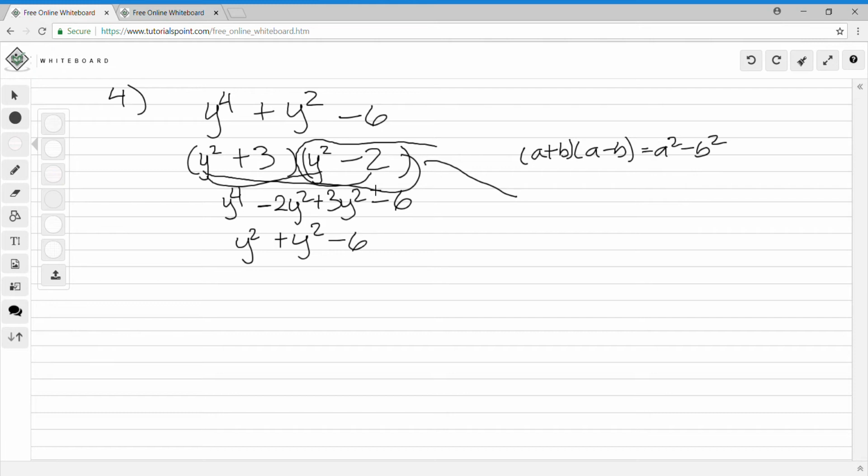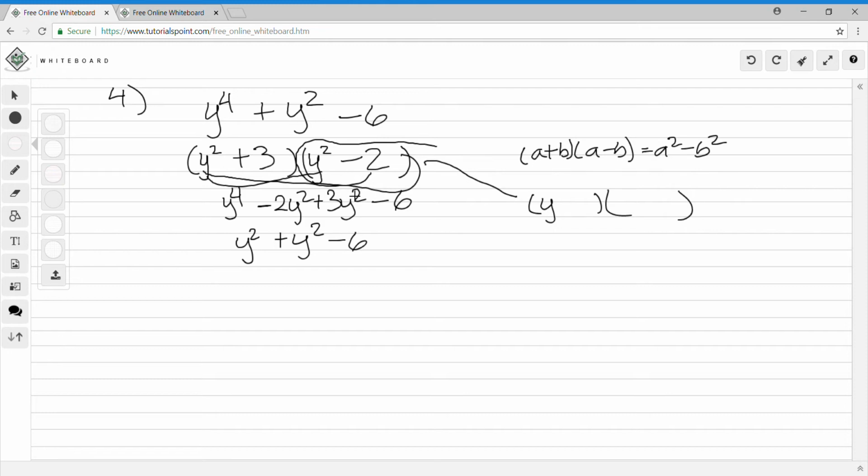So if you don't remember this, just go back to the lessons. So okay, so this is a perfect square, so this could factor out by y. Sorry, this does not factor out.